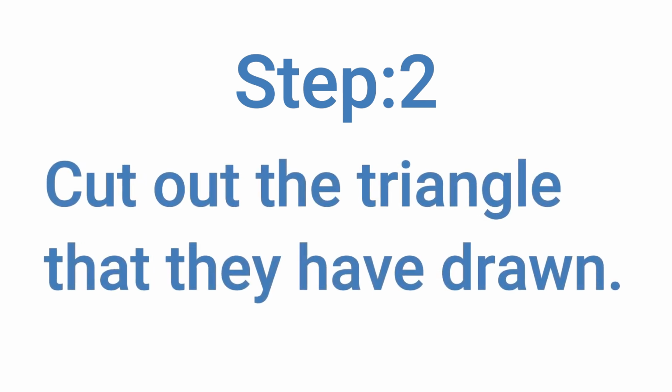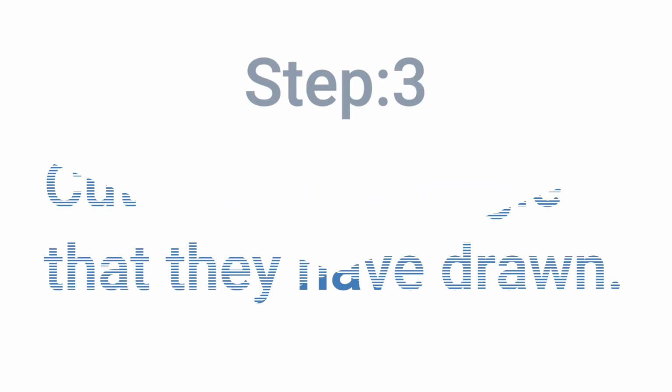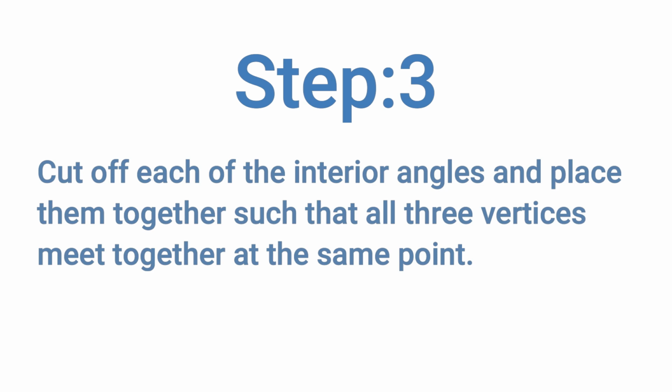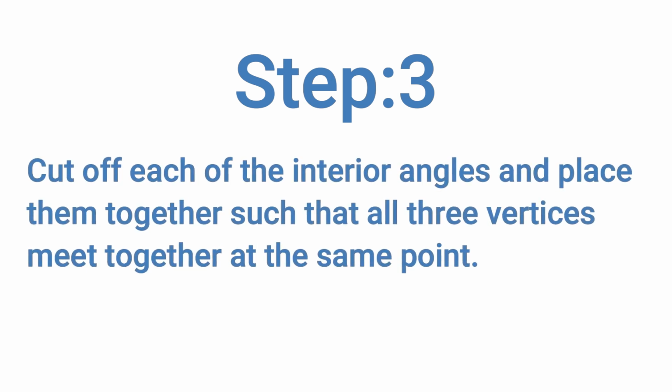Right, so they're going to cut out the triangle out of the paper that they would have drawn, after which the teacher can ask the students to cut off each of the angles and place them together such that all three vertices meet together at the same point.